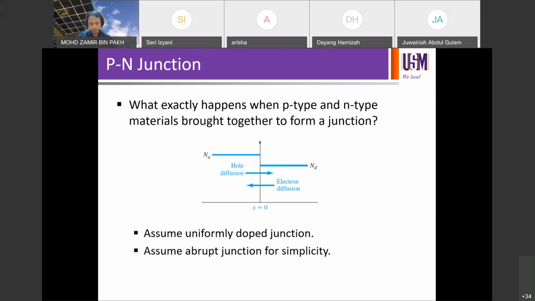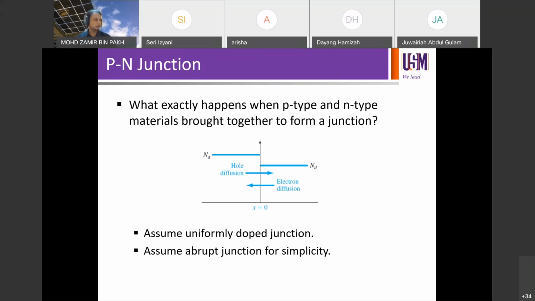So the moment we combine both P and N semiconductor together, the majority carriers from p-type, which are the holes, are going to diffuse into the n-type material.